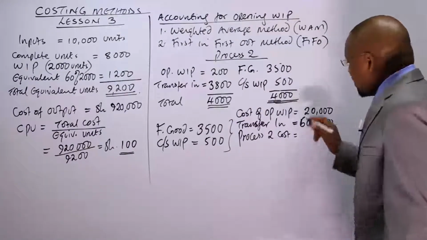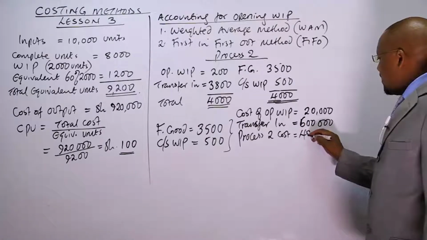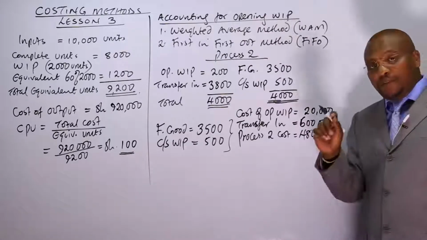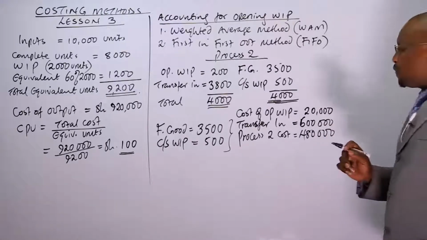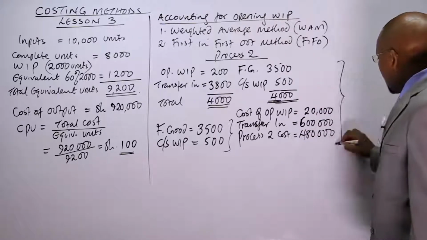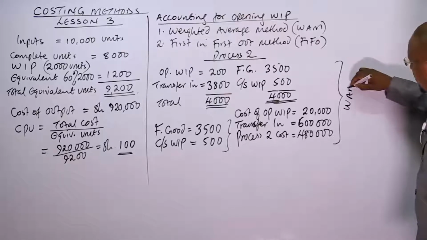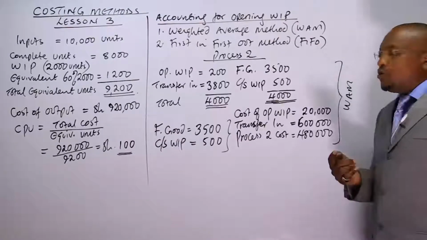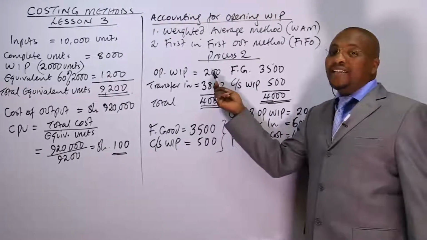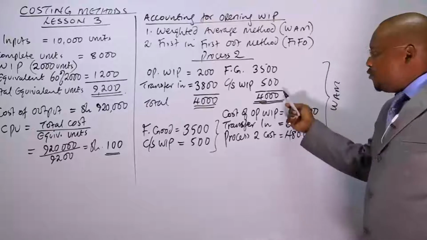Assuming that we are spending another 480,000 in this period, using the weighted average method, because we do not regard these 200 units with their identity, we combine them even in our final output.